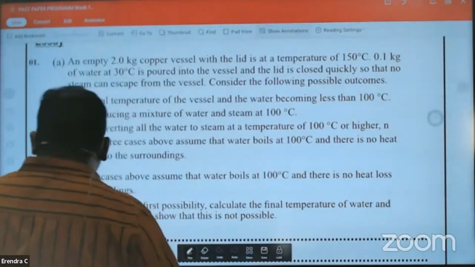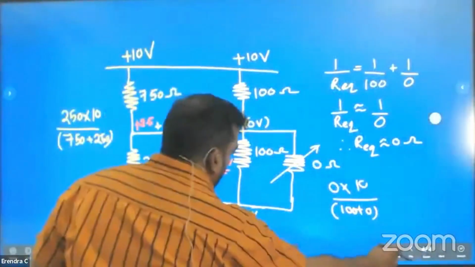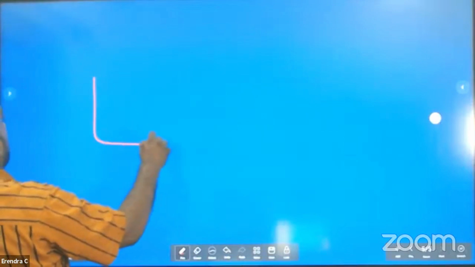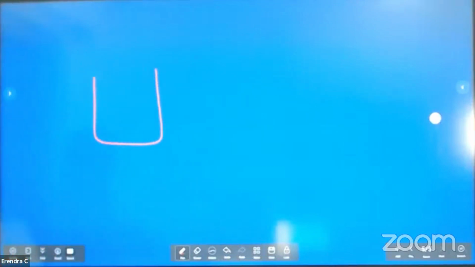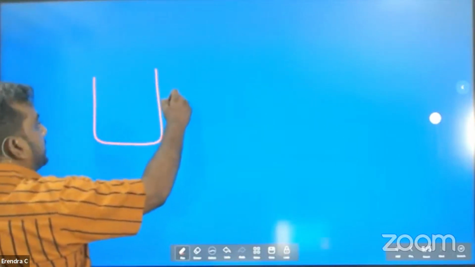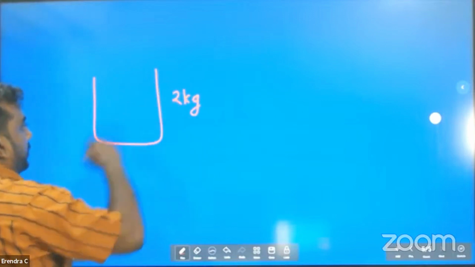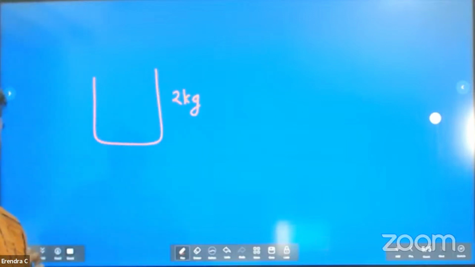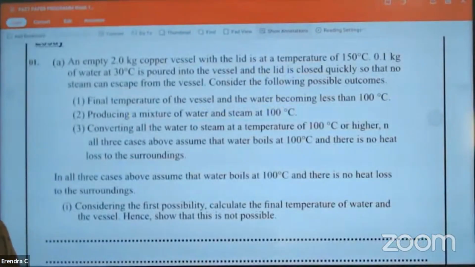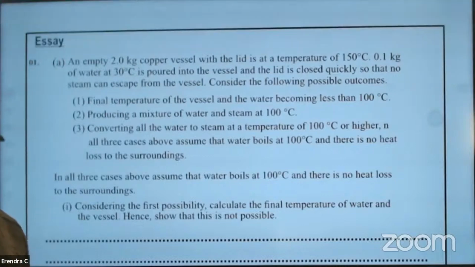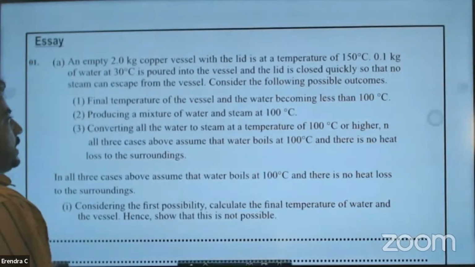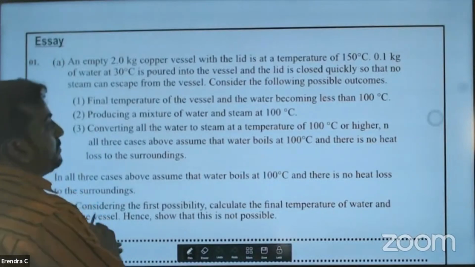Copper vessel is there. An empty 2 kilogram copper vessel with a lid is at a temperature 150 Celsius.